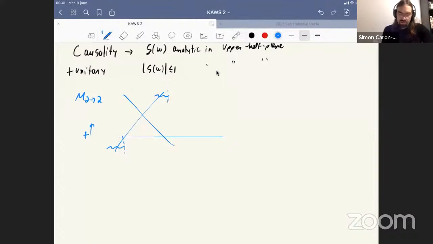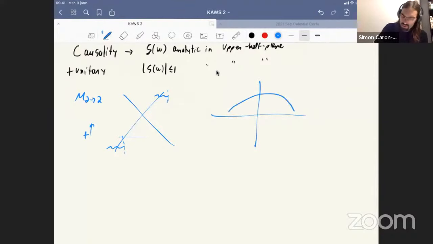It's related to the idea that measurements at infinity should commute when they're space-like, at least when we have some well-defined notion of causality as we have at infinity. And we've argued that this leads to some analytic property of the S matrix.